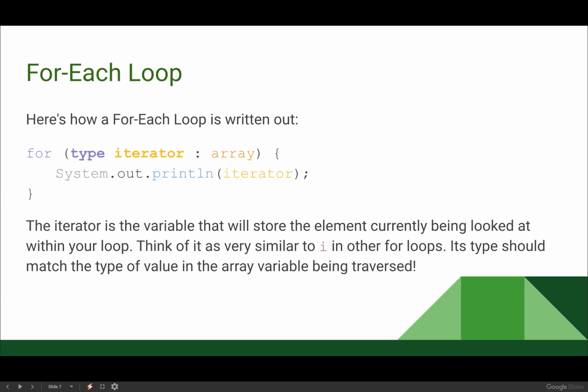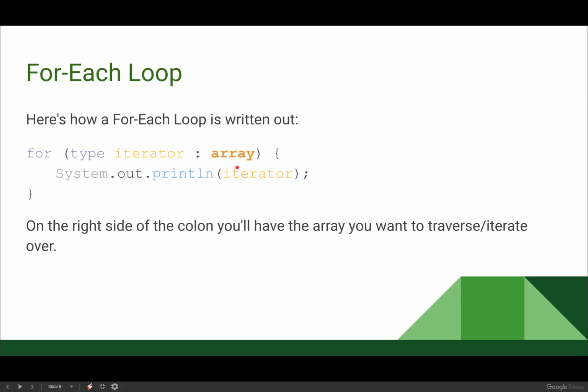So this is very similar to i in a regular for loop. The type of your iterator is going to match the type of value being stored in the array. And then we have a colon, and on the right side of the colon we have the array we want to traverse or iterate over, where the iterator is going to have a value from the array each time through the loop.